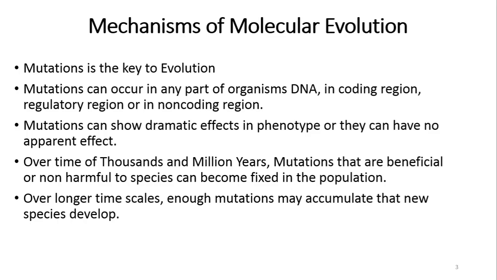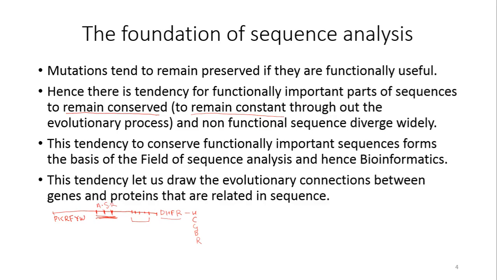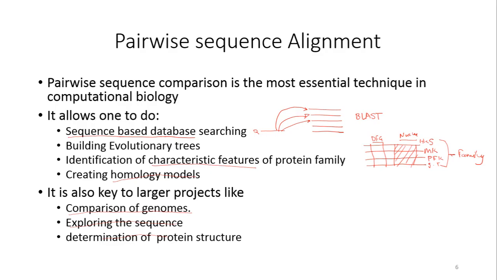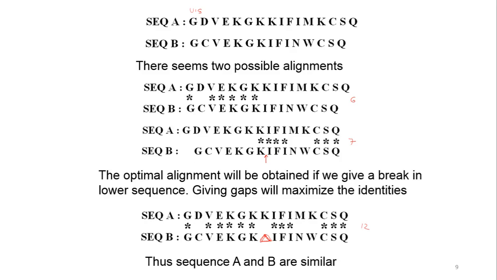continuity in the discussion. Okay, so last week when we began our discussion, we first discussed what is the mechanism of molecular evolution and how it led to the foundation of the field of sequence analysis. Then I introduced you to the concept of pairwise sequence alignment, and the concept of optimal alignment.